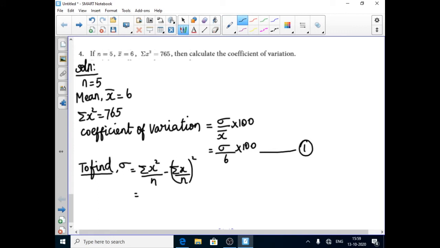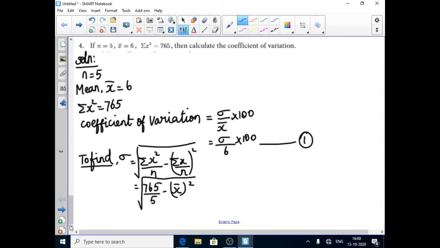Sigma x squared value is given, within the square root, that is 765 by n value. N is 5. Sigma x by n, that means we can take it as x bar, the formula sigma x by n.